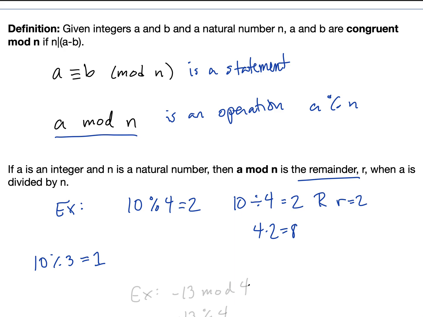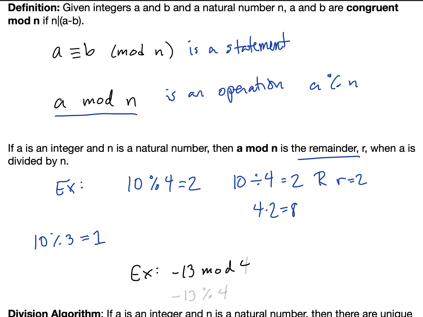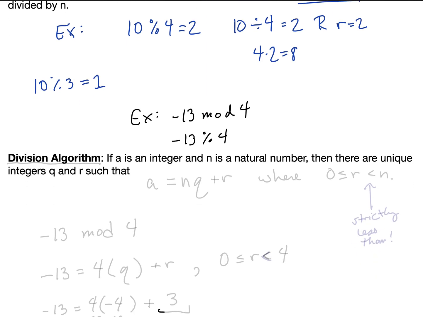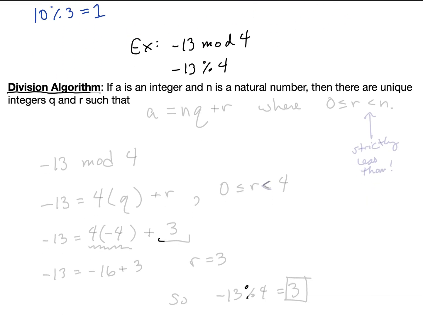So what happens if a is a negative integer? For example, if we were trying to find negative 13 mod 4, we'd have to think about what the remainder is when we divide negative 13 by 4. And just as a reminder when we're approaching this, let's look at the division algorithm.